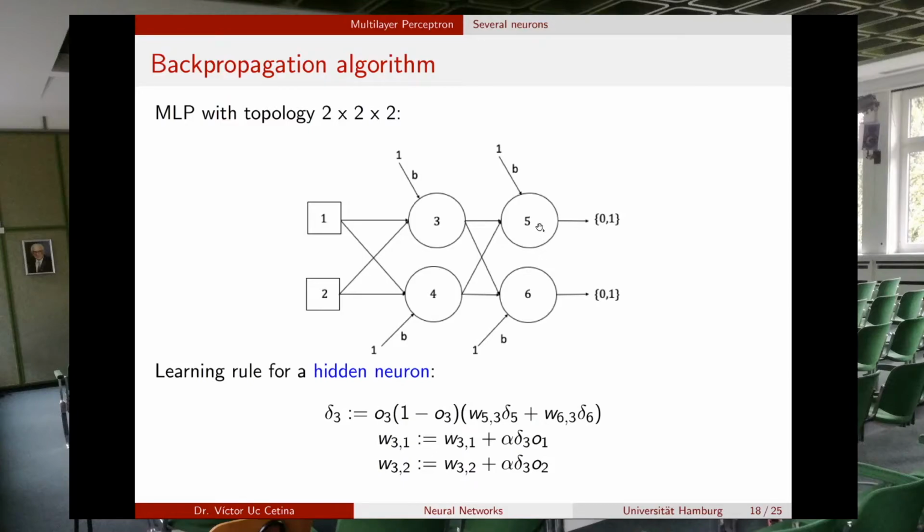Then you simply don't use the activation function, the sigmoid, and you just output the big sigma, which is the input of the neuron, the linear combination of what this neuron is getting from neuron 3 and neuron 4. And of course the update rule is going to change, because then you will consider only the difference between what you are getting as an output and what you want to get as an output. So you can very easily adapt this backpropagation algorithm for regression problems.